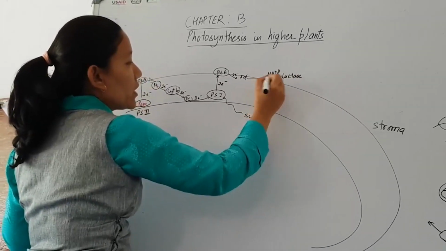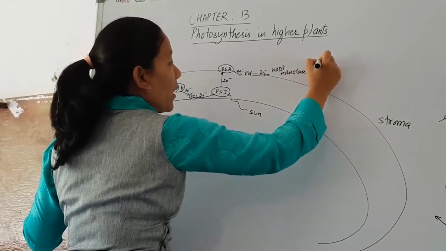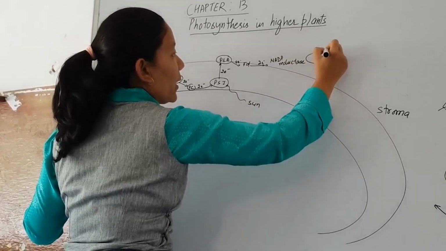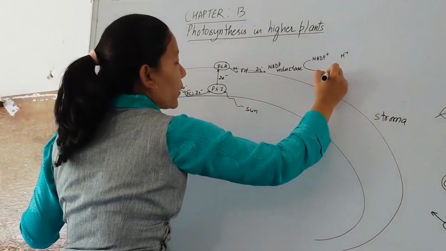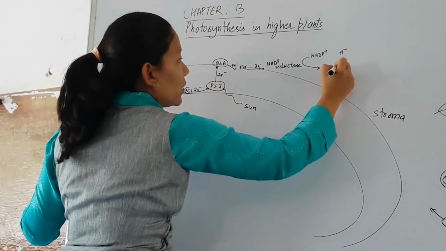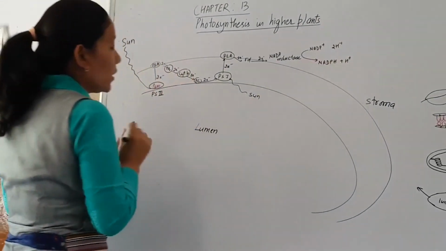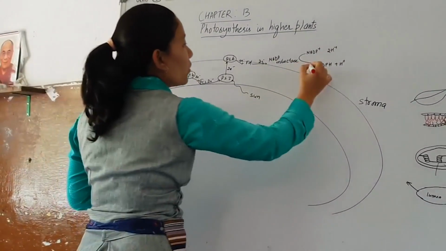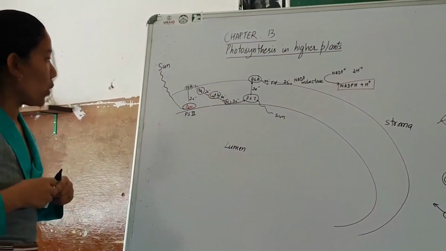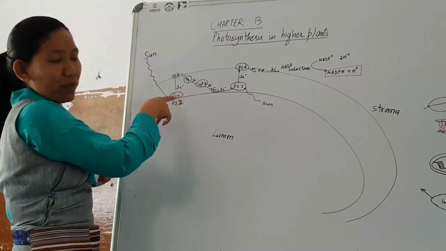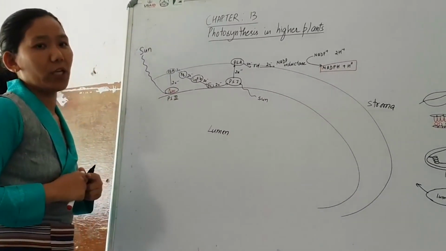This NADP reductase receives the electron and combines it with NADP plus and a proton to form NADPH plus H plus. So this is one important product. Okay, so during this pathway, the electron lost by photosystem 2 is finally accepted by NADP in the formation of NADPH.